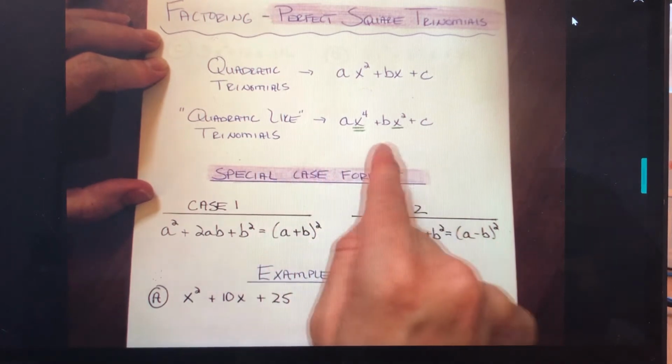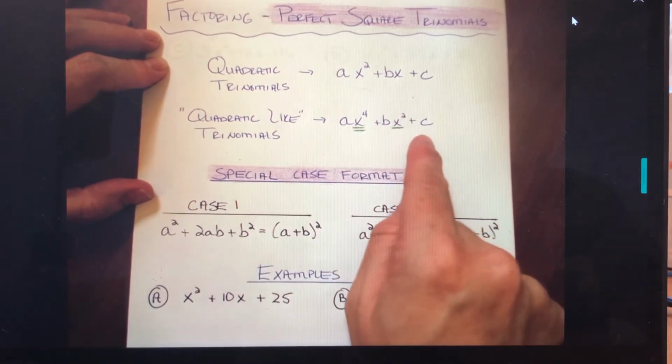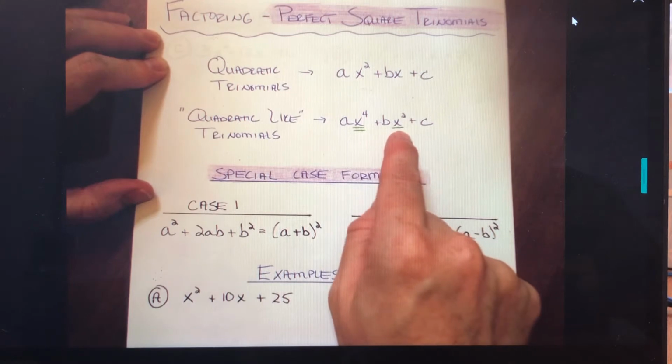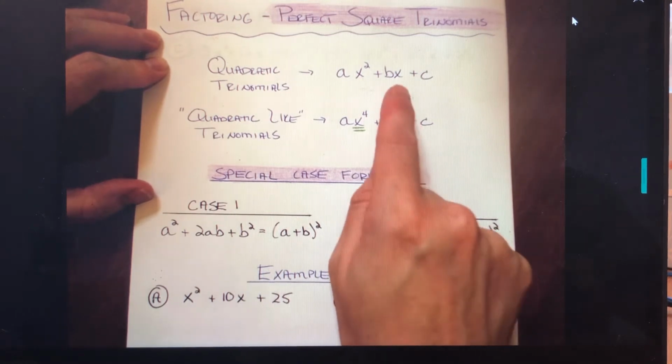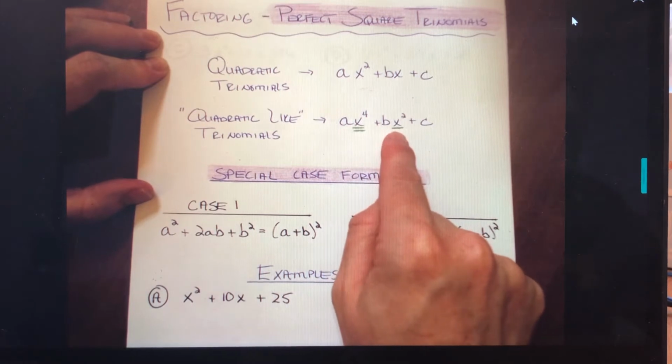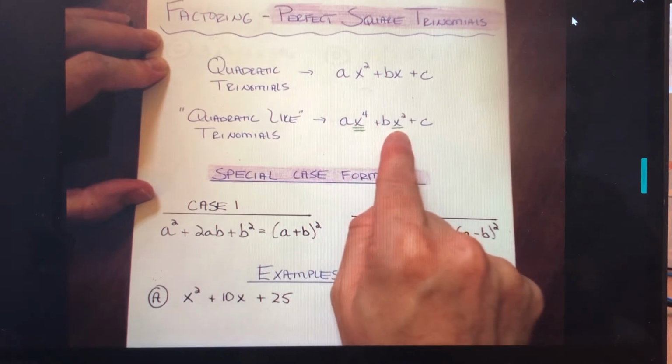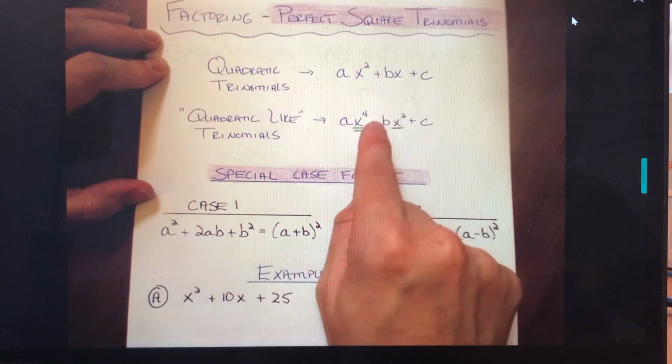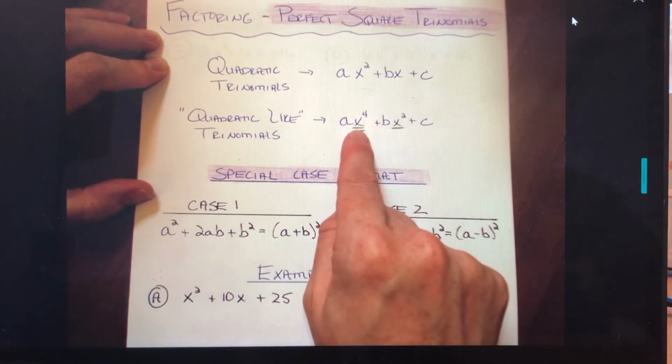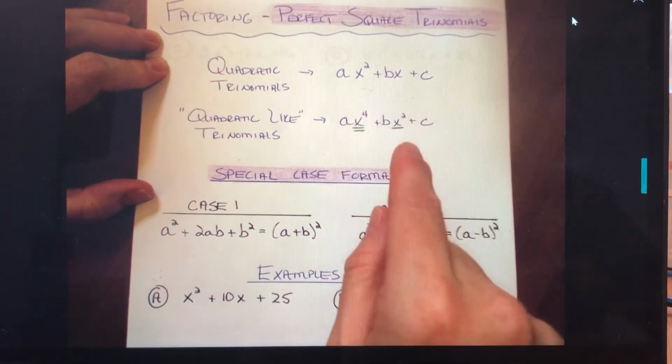It's still a trinomial, and we have the coefficient here, but when you look at that middle term, perhaps it's not an x like the traditional quadratic above. But if the variable in the middle term, when you square it, is the variable that we see here, then that means it's quadratic-like.